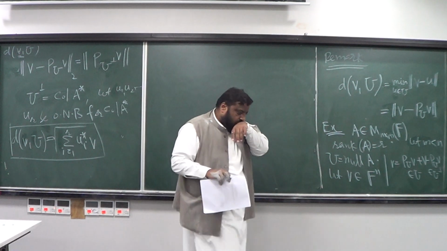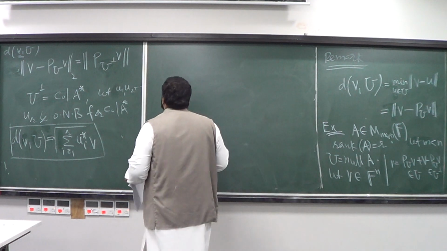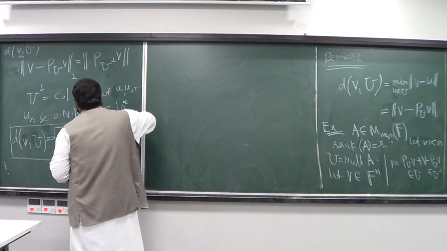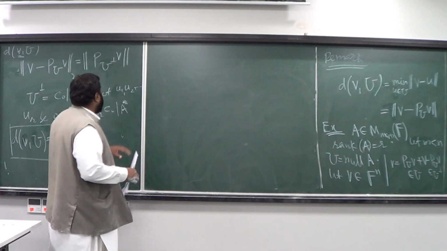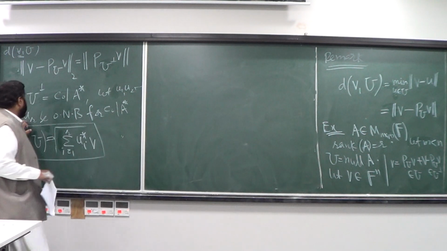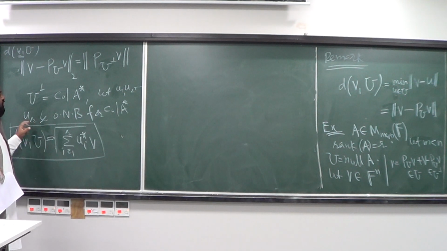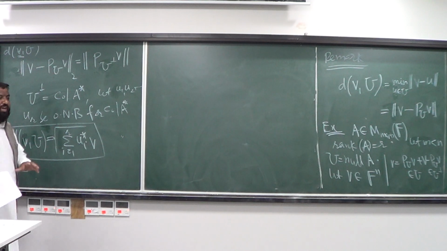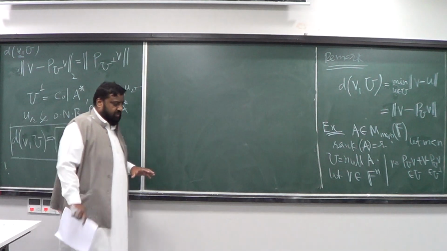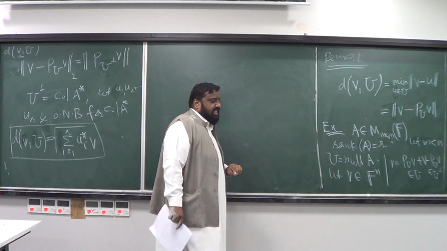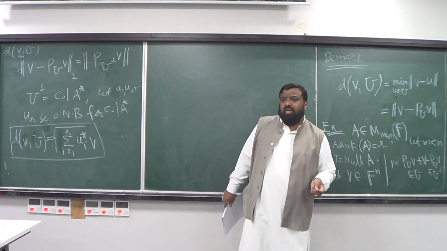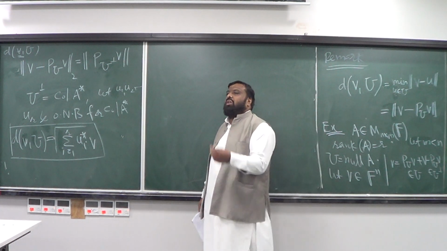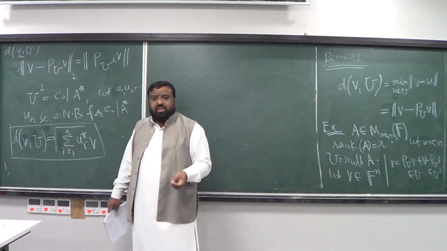Usually, whatever we have considered here, we have always taken, for example, U1, U2, up to Ur as the orthonormal basis of V. So now if I take a subspace whose basis is not orthonormal, how do I find the orthogonal projection? The answer is simple.